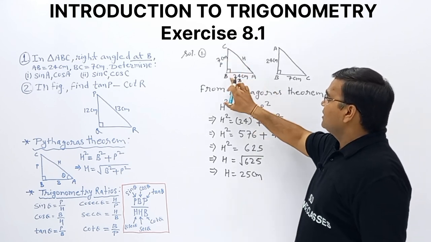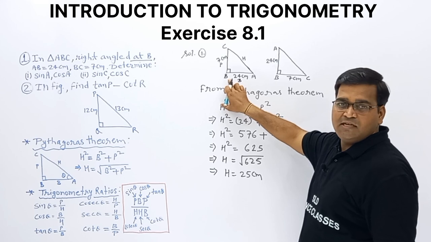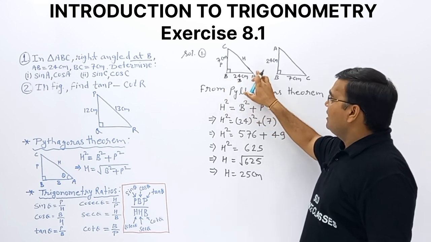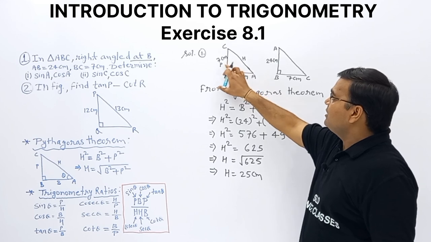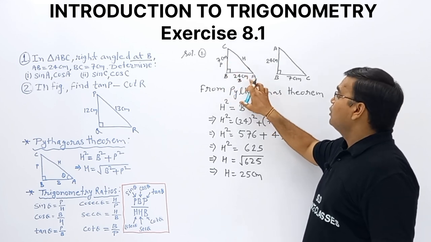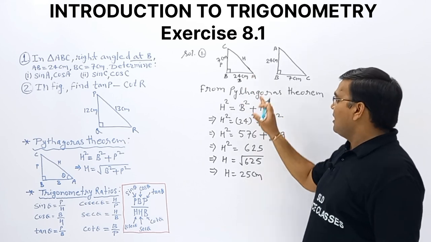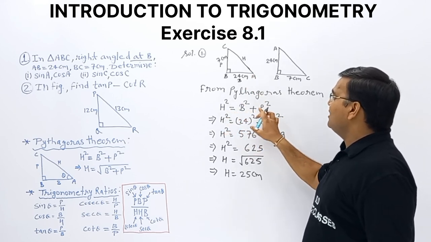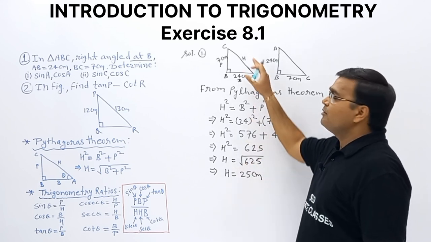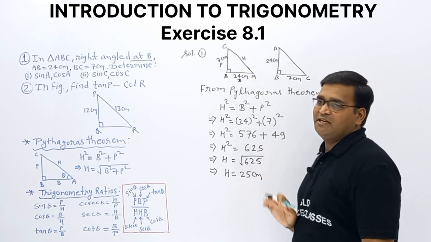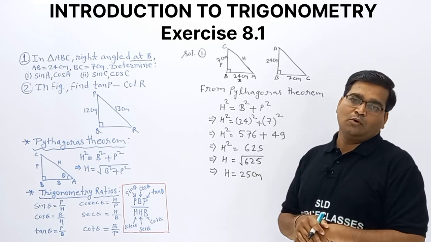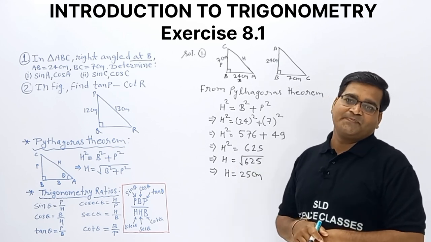If we observe, B is 90 degrees, A is an acute angle, then this will be perpendicular and its adjacent side is the base. Then by using the Pythagoras theorem, H square equals B square plus P square, put these values and solve, then we get the hypotenuse as 25 centimeter. In this way we obtained all sides.